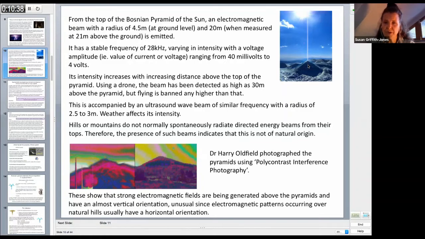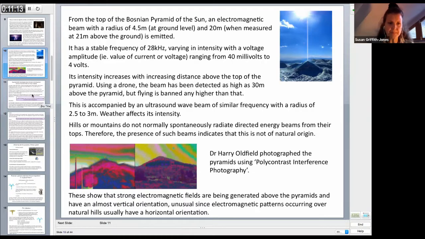And the question that we're going to look at in a moment is what may be the origin of this beam. I already showed you in the first session, but I wanted to recap here the photographs taken by Dr. Harry Oldfield, who photographed the pyramids using this polycontrast interference photography, showing how these strong electromagnetic fields are being generated above the pyramids and that they have an almost vertical orientation, which is unusual, as above natural hills there's normally a horizontal orientation.